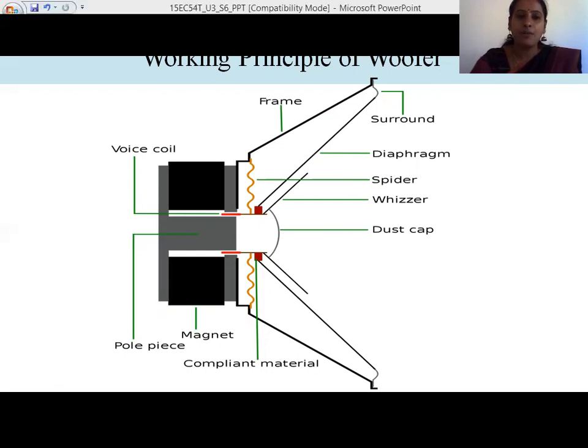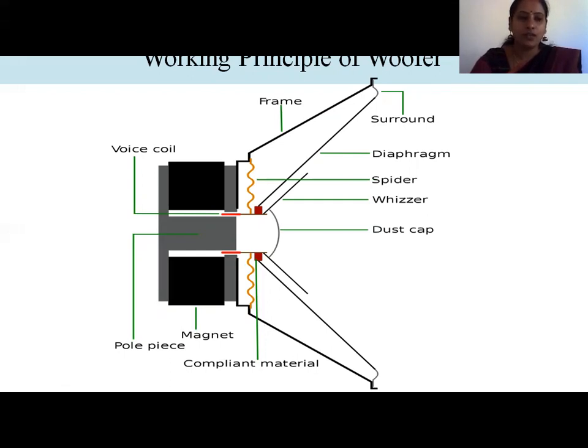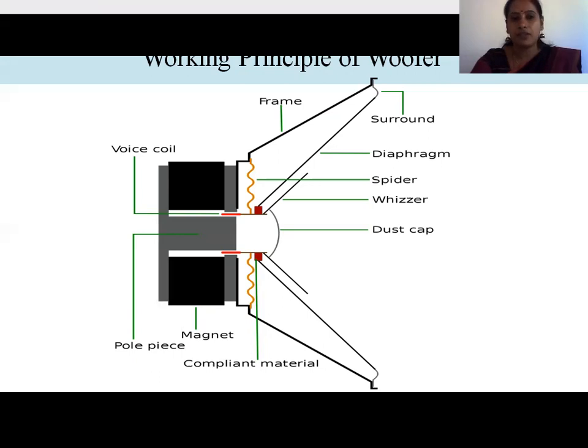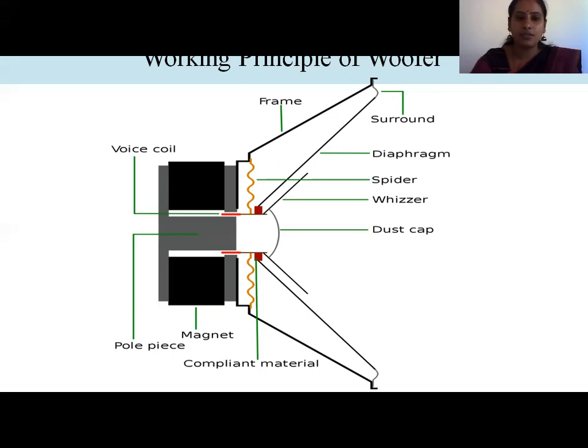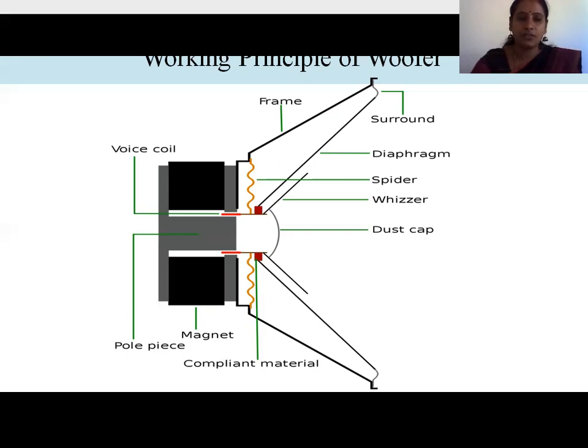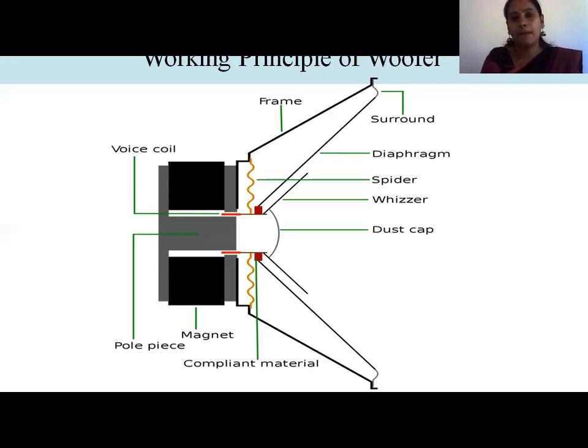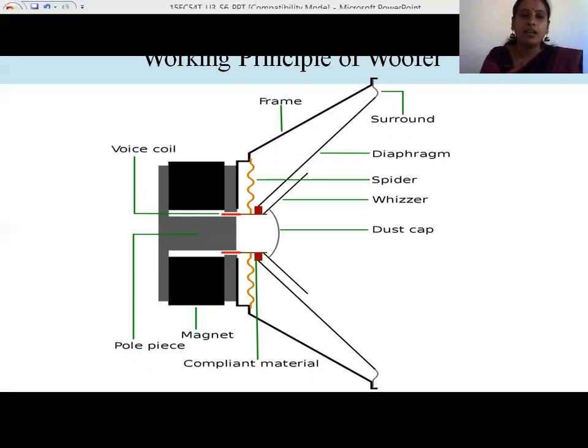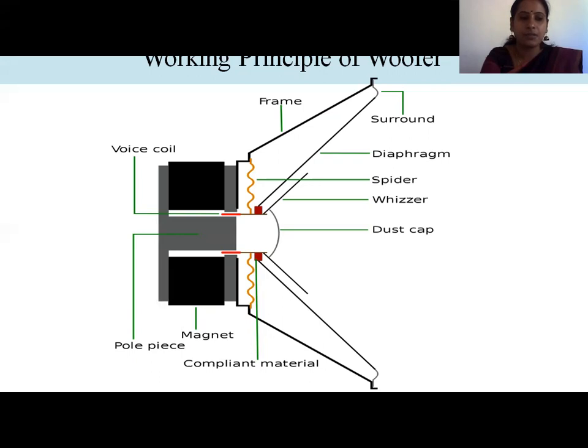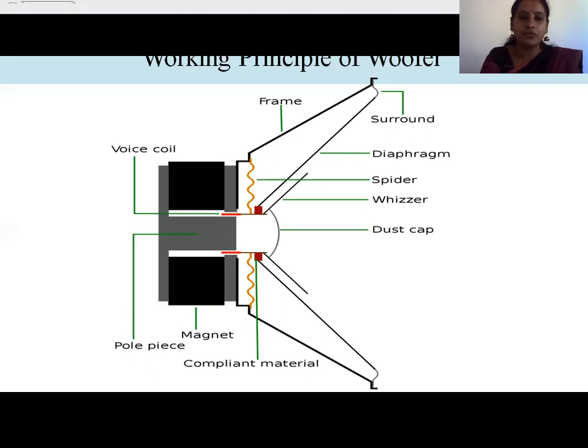The most common design for a woofer is the electrodynamic driver, which typically uses a stiff paper cone. This stiff paper cone is used for the diaphragm, and it is driven by a voice coil surrounded by a magnetic field.